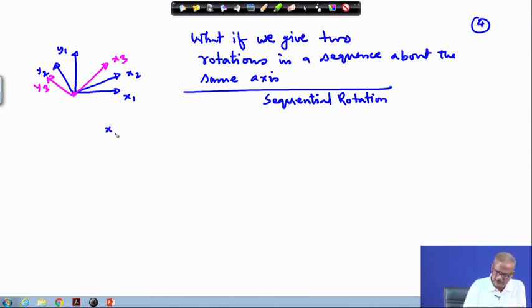As we know, the x 2 y 2, the first rotation, let us say that we are giving it by alpha, and the next rotation we are giving it by beta.